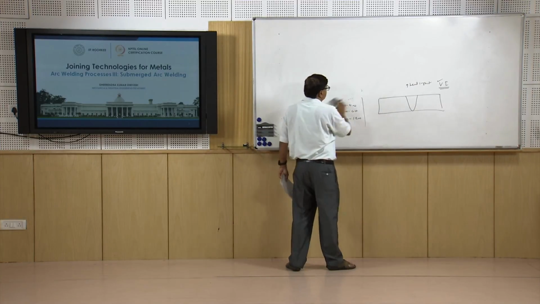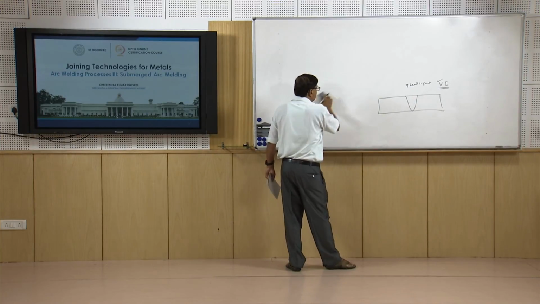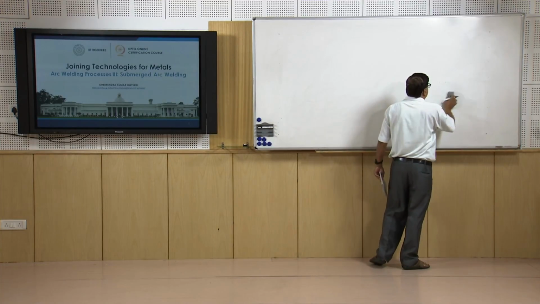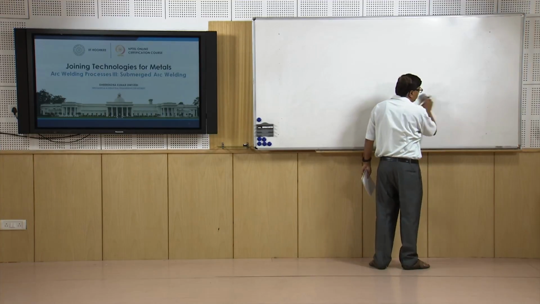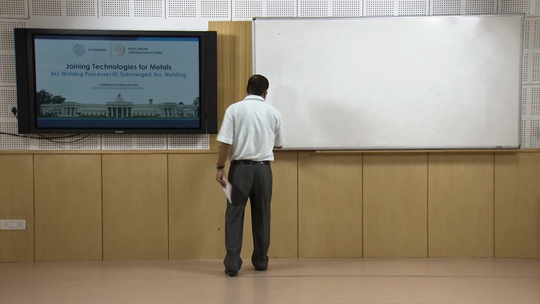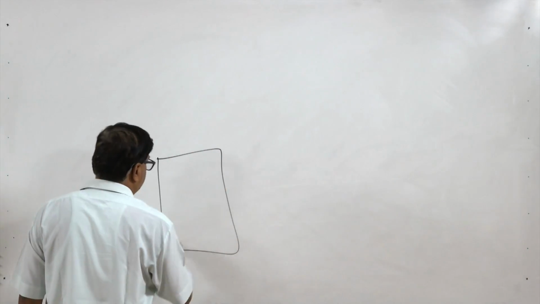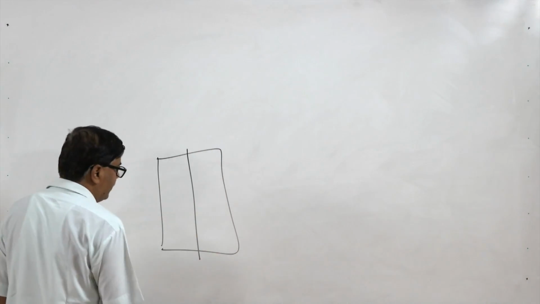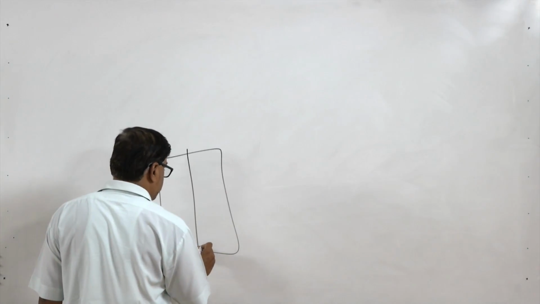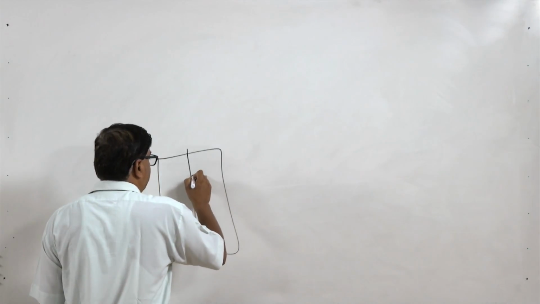In this process, since the arc is below the flux, we cannot see where the metal is actually being deposited during the welding, and that sometimes creates a problem where the weld joint is not successfully made and the weld metal is deposited somewhere else. That is why, if this is the weld line, then proper placement of the electrode is done, and through the welding tractor the properly guided welding torch is moved along the line of the weld.